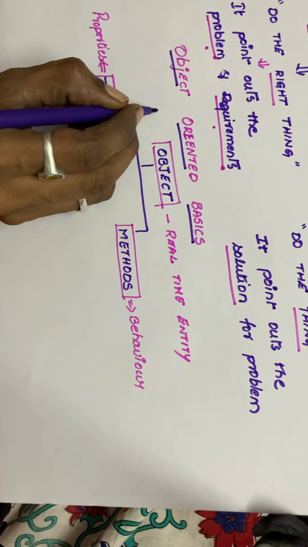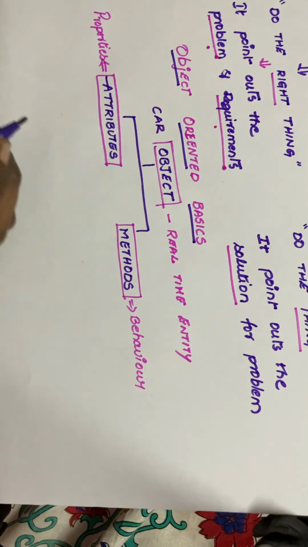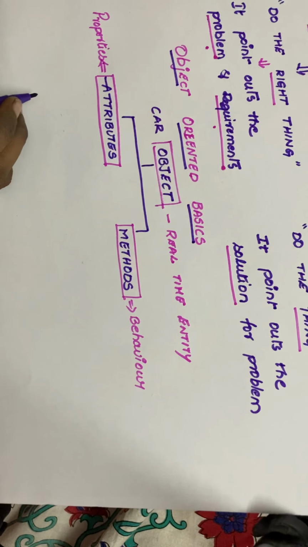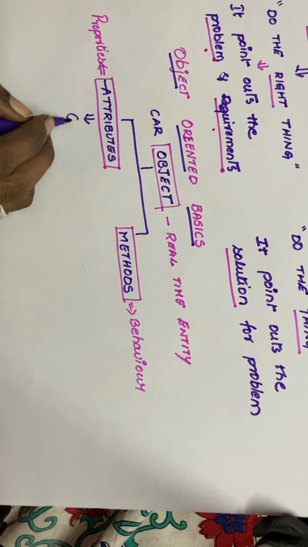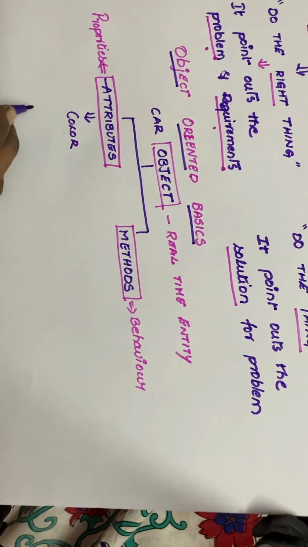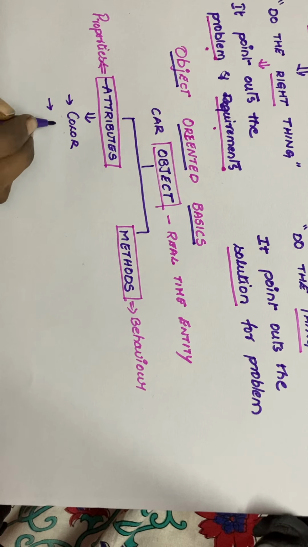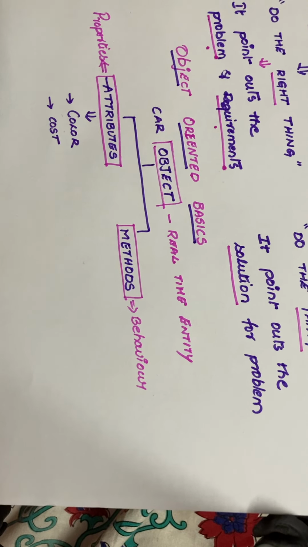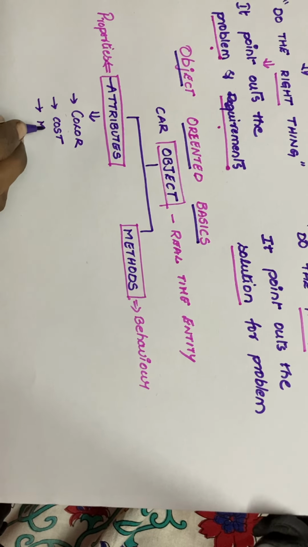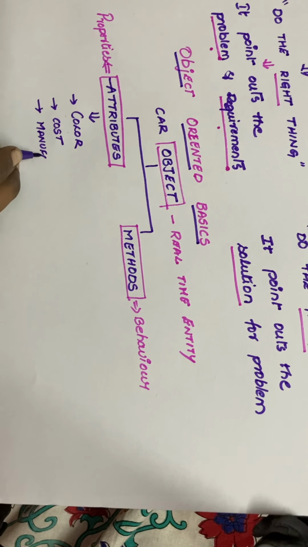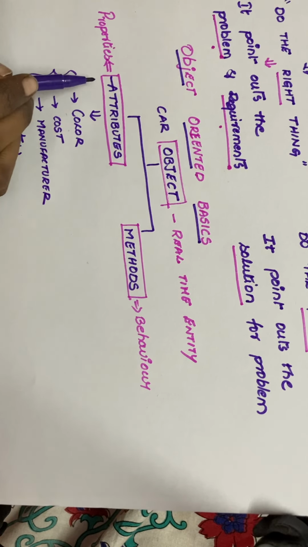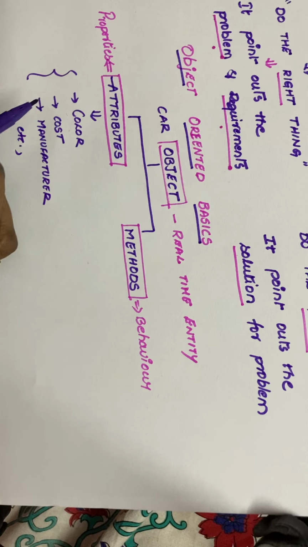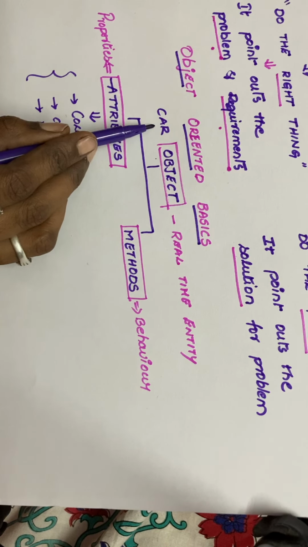Let's take a realistic example. Consider a car as a real-time entity. The properties of the car could be the car color, the cost of the car, and who is the manufacturer of that car, etc. All these come under the properties or attributes of the object called car.